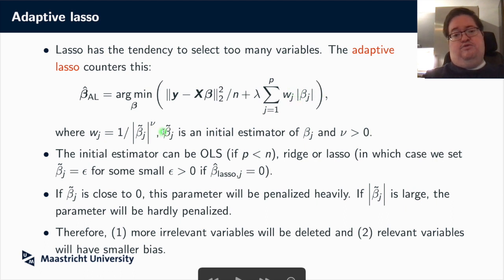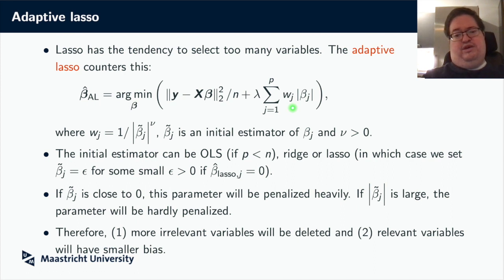On the other hand, if you are close to 0 with your initial estimator, it seems that this variable might not be very important, then doing 1 over that makes this a large weight. So you put a heavy penalty on this particular coefficient, and it will likely be set to 0 in the second step. So it's a two-step estimator.